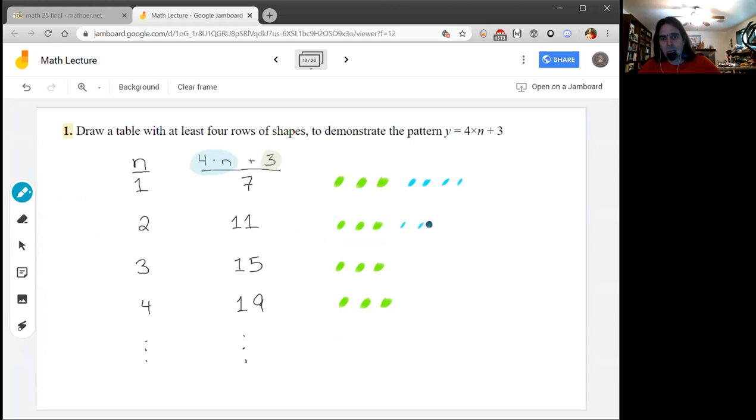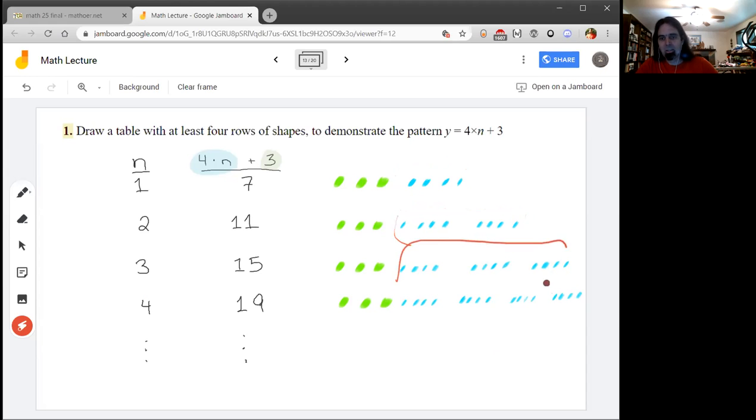The next time we have 2 groups of 4. The third time we have 3 groups of 4. The last time we have 4 groups of 4. And so on. And for some people, this is not helpful. And for other people, they can say, it's 4 however many times and 3 more at the end. And that's where my number comes from.